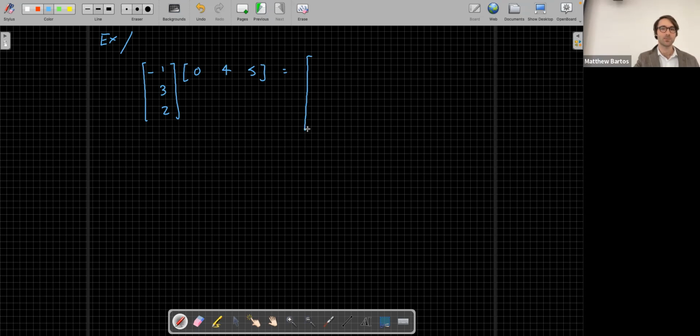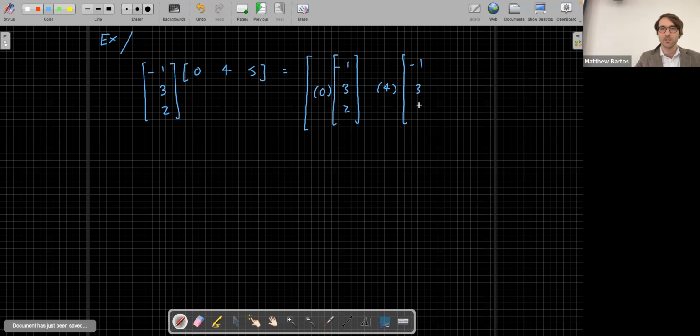The outer product will be equal to 0 multiplied by all of x, so 0 times (-1, 3, 2), then 4 times (-1, 3, 2), and 5 times (-1, 3, 2), and we stack them all together horizontally.